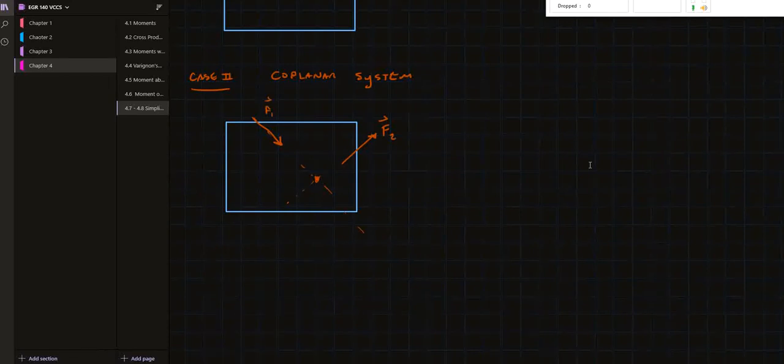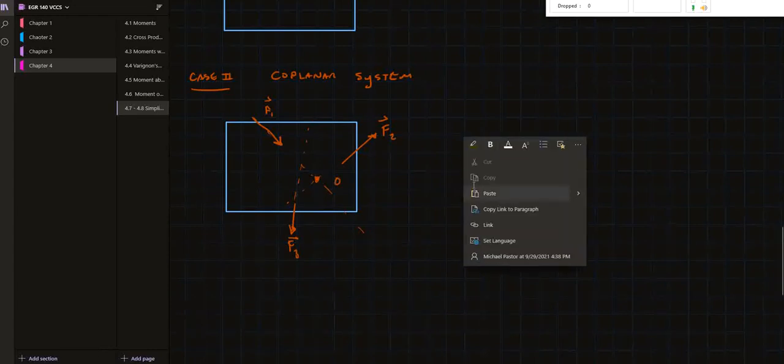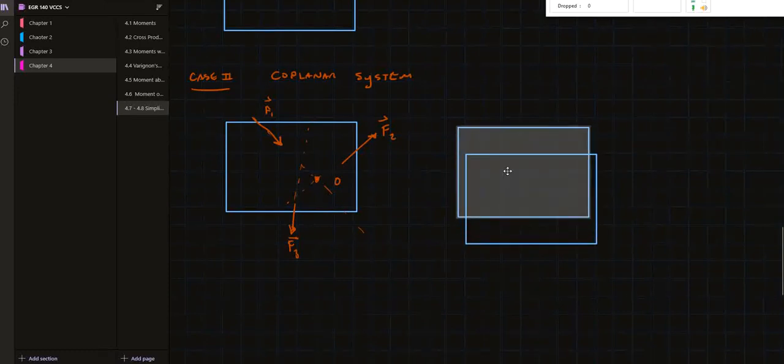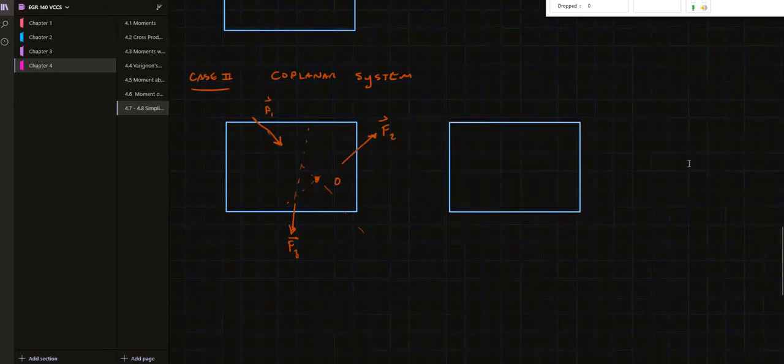And then I have another force acting somewhere else. I can still replace all those forces by a resultant.